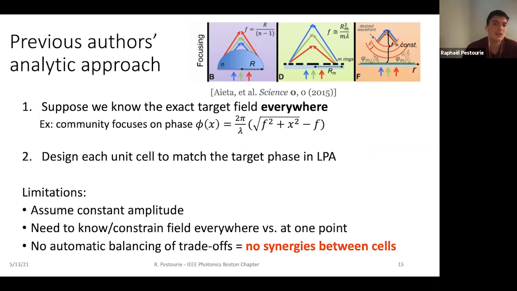And very likely you will not find the perfect parameter that fits all your phase demands. And then what do you do? Because you already broke down your problem into many independent sub-problems, you cannot do any trade-offs between your choice of parameters. And so this is suboptimal.